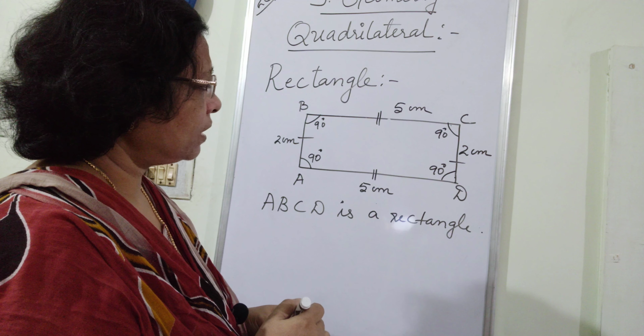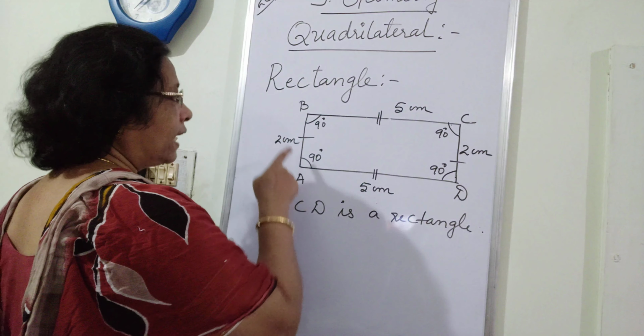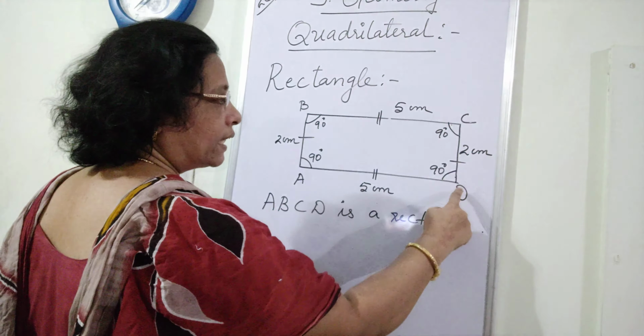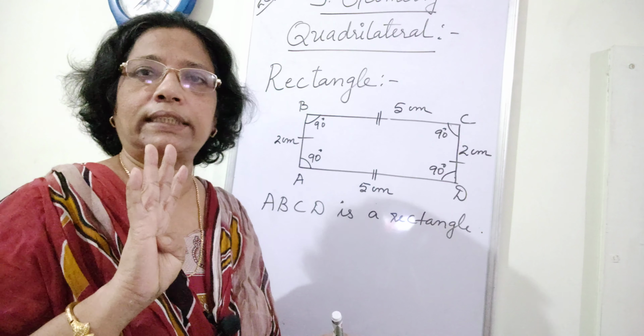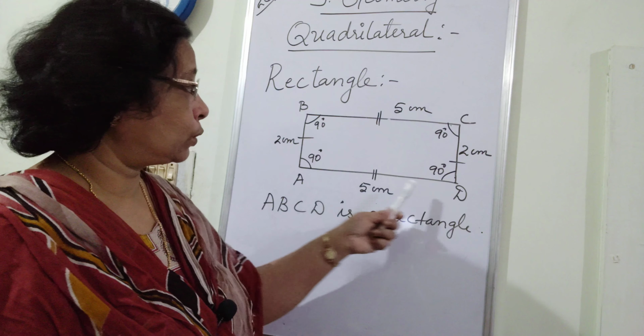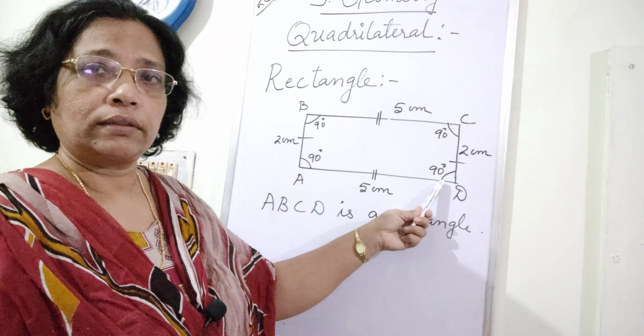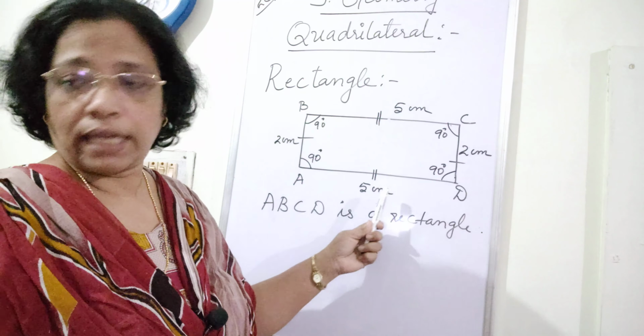And how many vertices? Tell me, how many vertices? Vertex A, B, C, D. How many vertices? 4 vertices and 4 sides. The line segment joining 2 vertices is the side. Understood? This is the side.